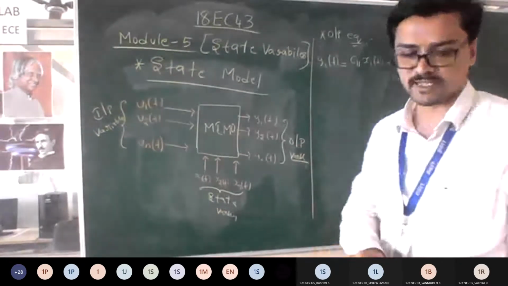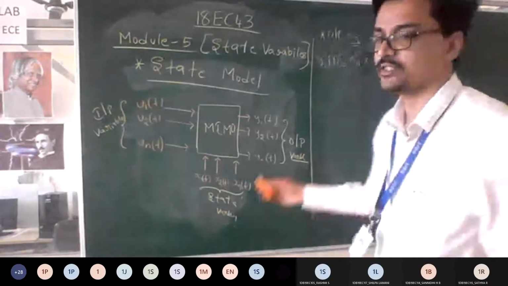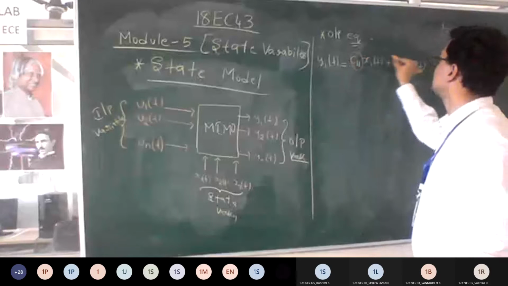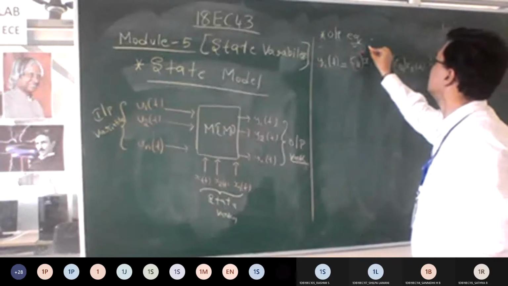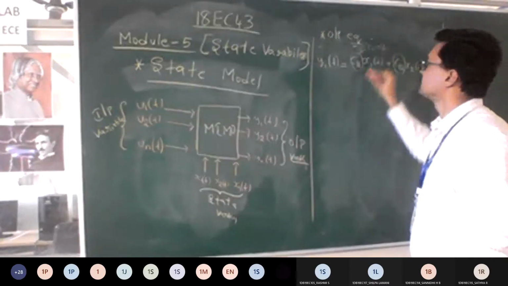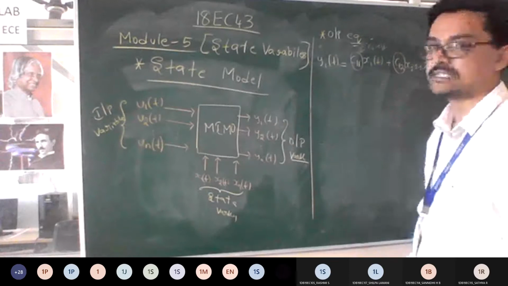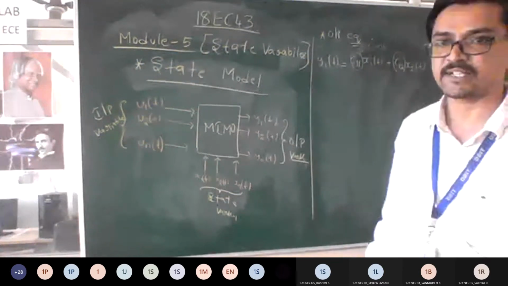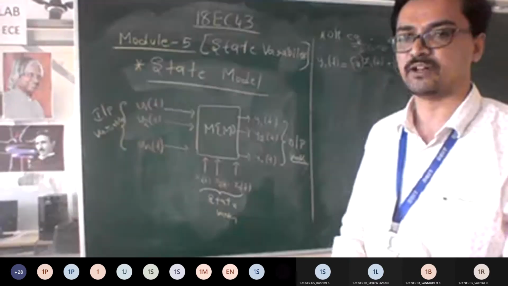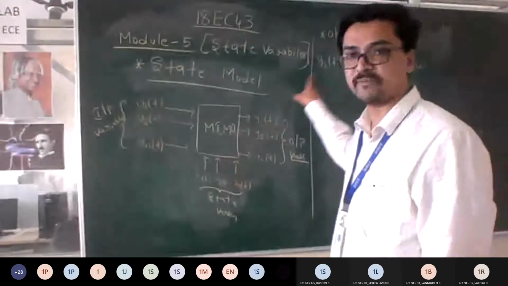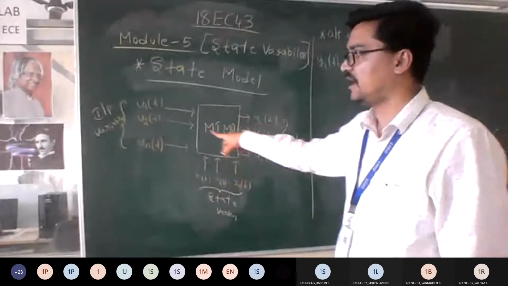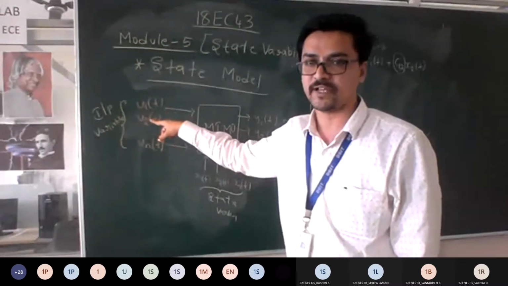These represent coefficients, guys. So y1 of t is equal to c11 x1 of t plus c12 x2 of t. This is the state variable part; for this, I need to have a combination of input variables also.